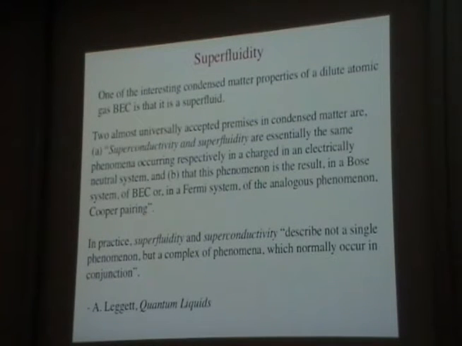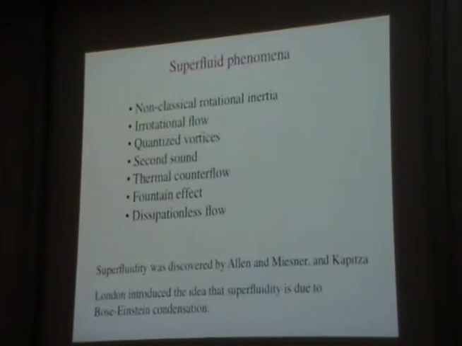So when people talk about superfluidity, they're usually referring to one particular phenomenon that occurs in the superfluid. That makes it a little difficult to define exactly what a superfluid is, because a superfluid exhibits a number of phenomena that a normal fluid doesn't.